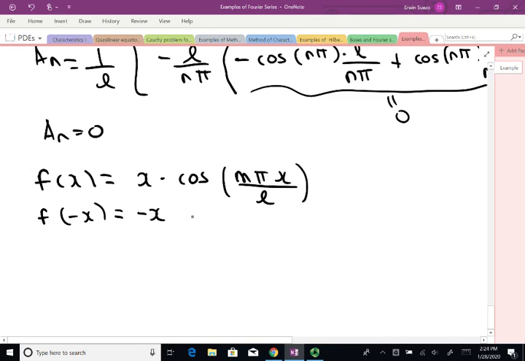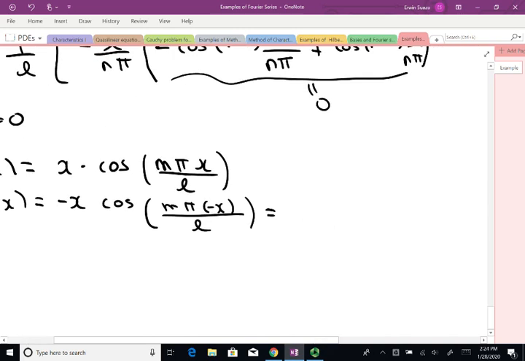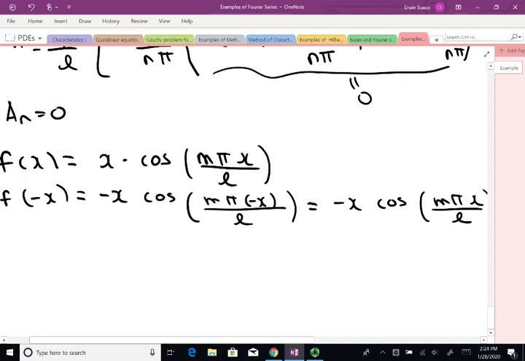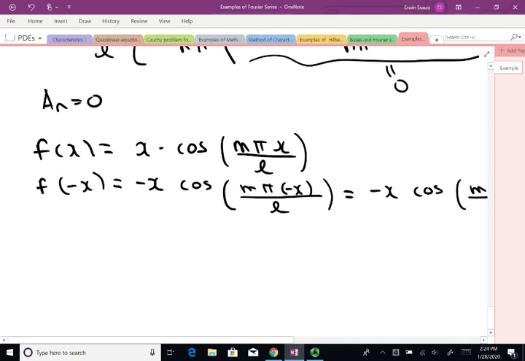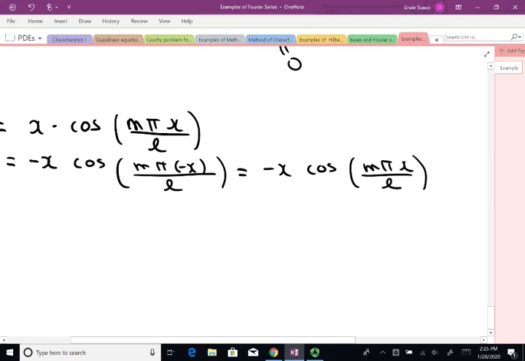So if I replace x by minus x, I get cosine n pi minus x over L. But cosine is even, so this guy is just the same as minus x cosine n pi x over L. So my f of x is this guy.